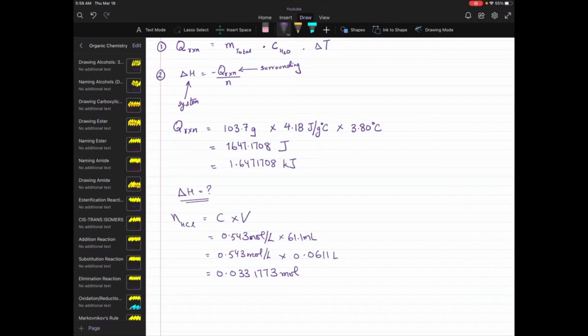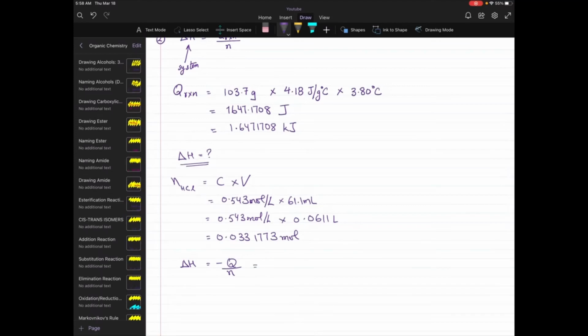So now we have the amount of moles and we have the amount of heat that was released in this reaction that we recorded from the calorimeter. Using these two, we can figure out the delta H for this reaction, or equation if you want, which is equal to negative Q over n. So, again, plugging in the values, negative of 1.6471708 kilojoules over 0.0331773 moles, and that will give us our value.